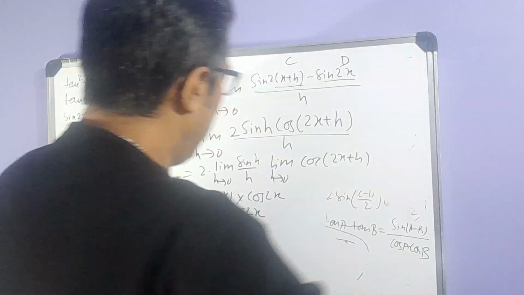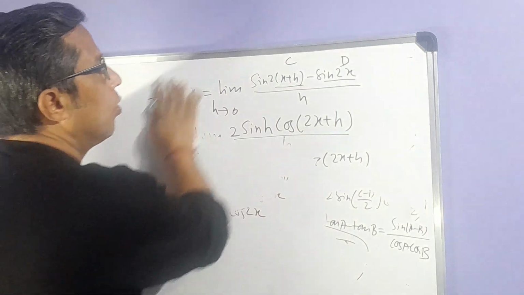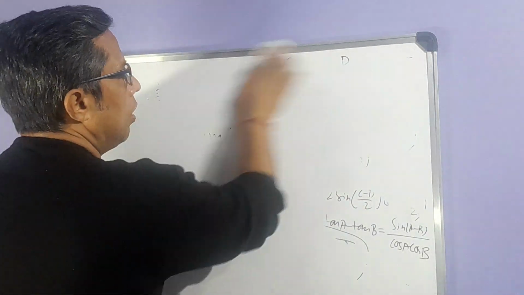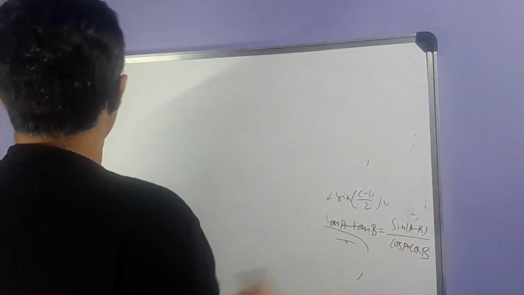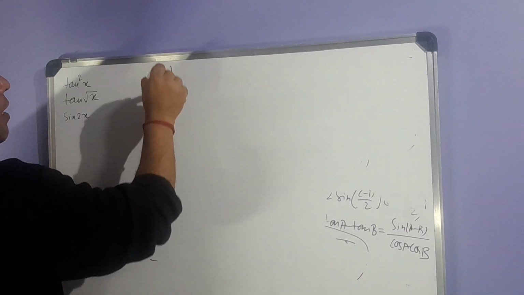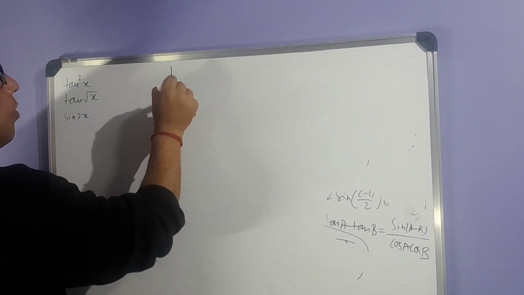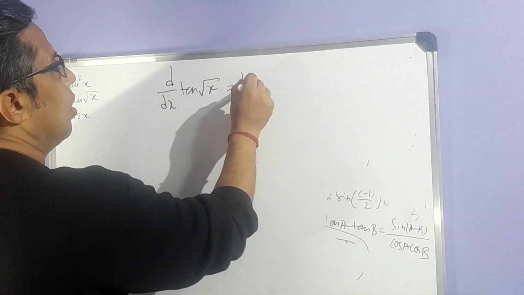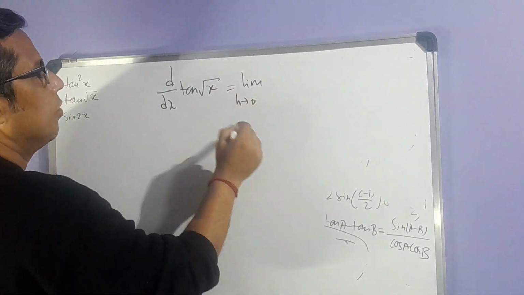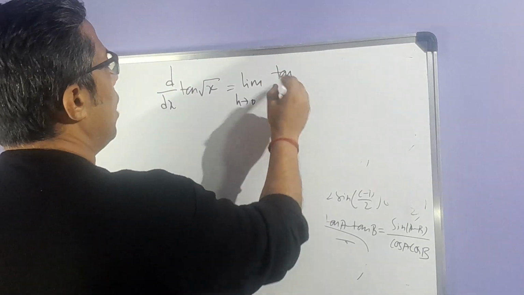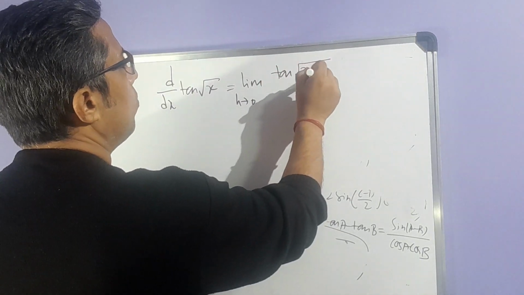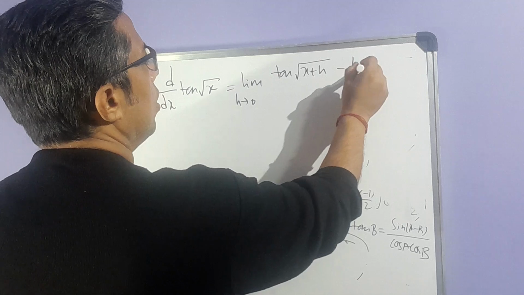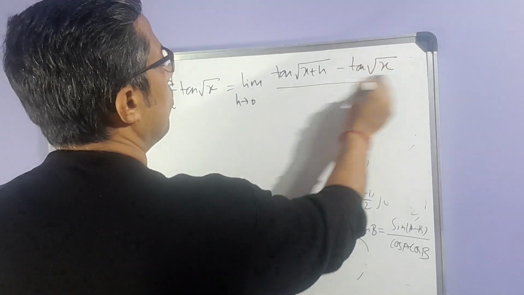Okay. Now one more. Let me show you d dx of tan root x. So it will be limit h tends to 0, tan of root x plus h minus tan of root x by h.